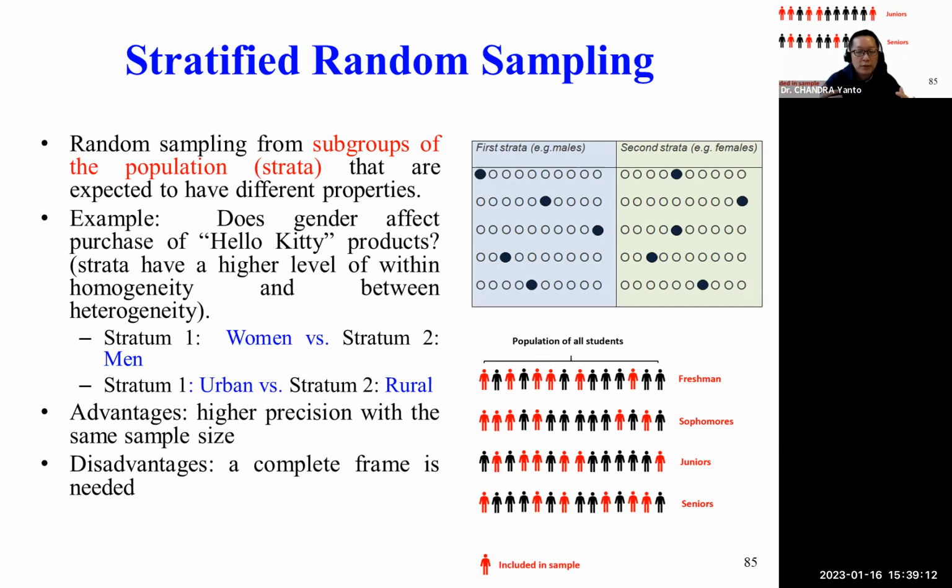If you want to study students' academic performance, you can divide them into, let's say, freshmen, sophomore, junior, senior, into your subsample. And then you can select from each type. For example, from male, you select a number of them, from female, and in the different types of stratified random sampling, for example, freshman, sophomore, junior, senior, you will select randomly from each group. Right?